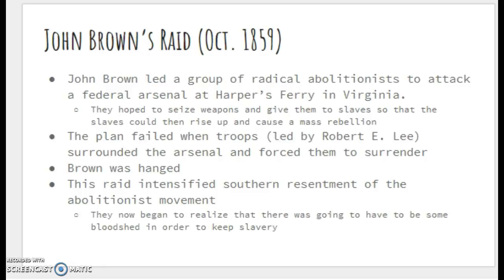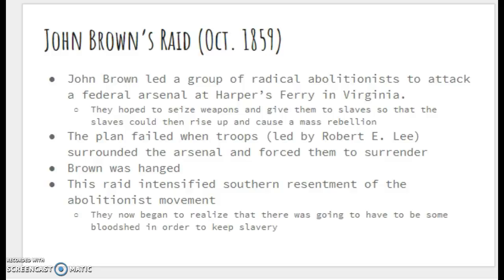Alright, next we're going to look at John Brown's raid on Harper's Ferry in October of 1859. John Brown led a group of radical abolitionists. Radical means you feel very strongly about something.